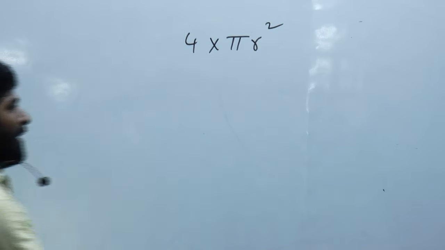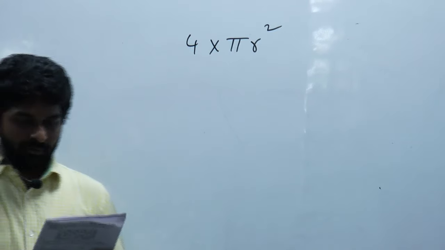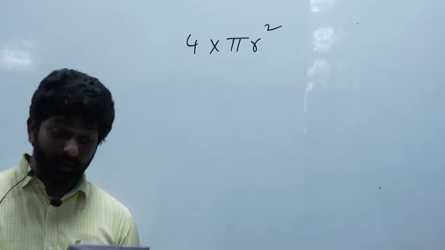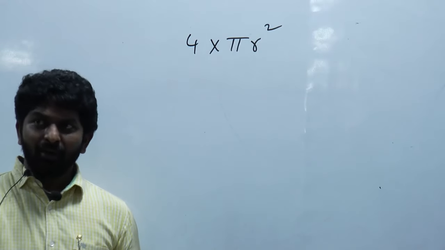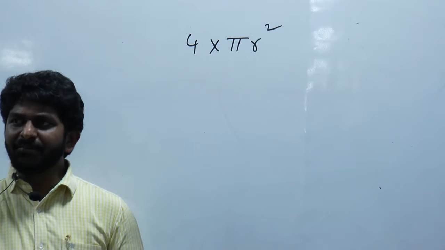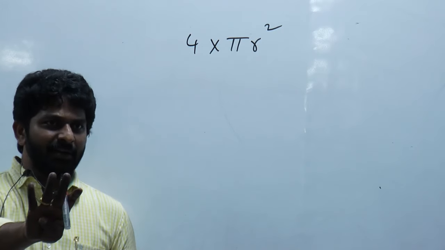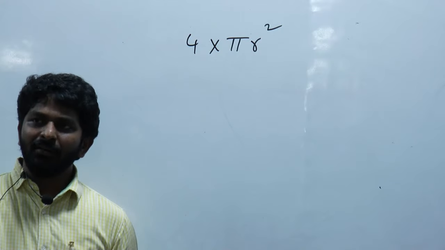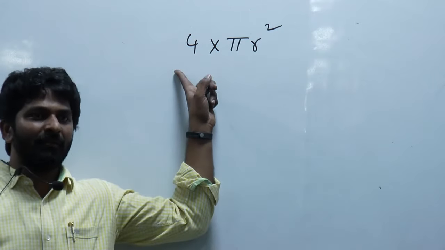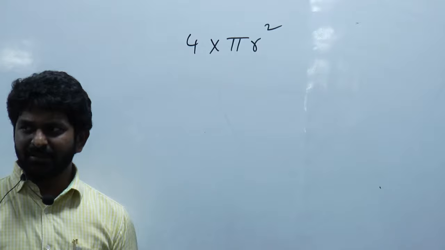Yes or no? Look at your question: find the area of the square that is covered by coins. How many coins do we have? 4 identical coins. What is the area of one coin? How many coins do we have? 4 pi r square should be your answer.